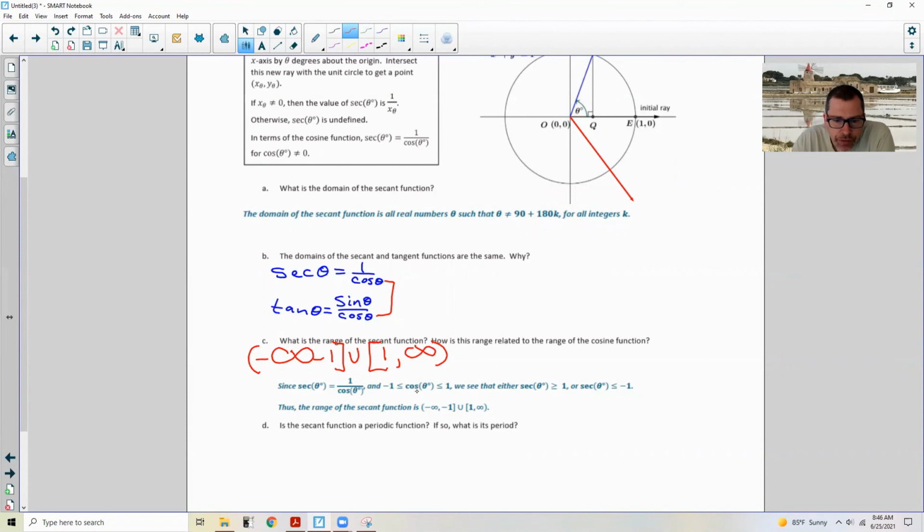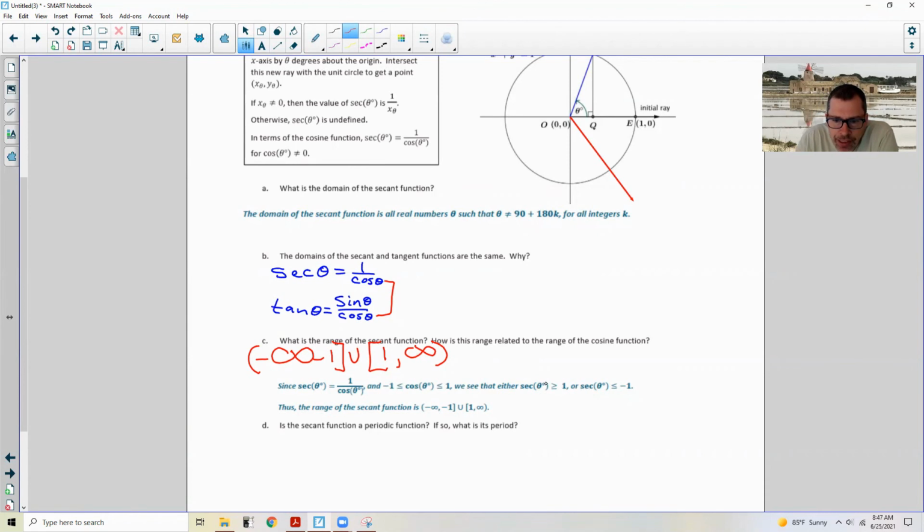When you take a fraction, 1 over a million, or any really large number, then you take its reciprocal, you're at a million. So as you get closer and closer to 0 for cosine of theta, you're getting closer and closer to infinity for secant. And that's why we can go from -infinity to infinity.